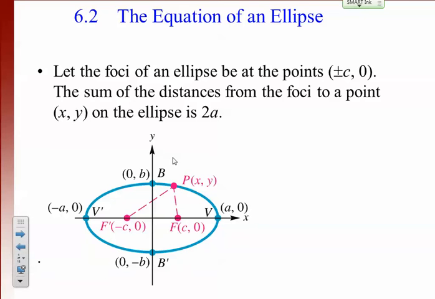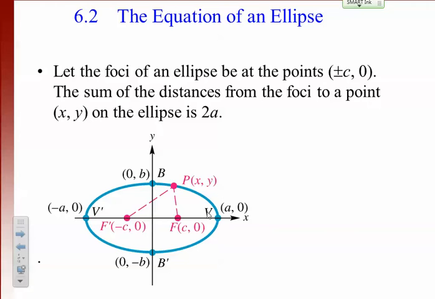Okay, so the sum of the distances from the foci to a point xy on the ellipse is 2a. We go from one focus point to a point P and then from point P to the other focus point. The sum of those two distances is always going to be 2a. You can get a feel for that if you put a point at one of the vertices.